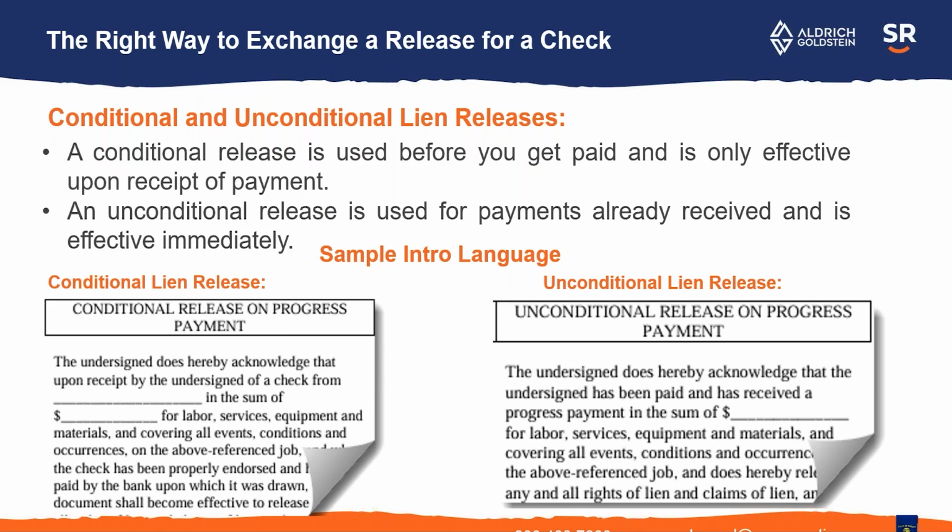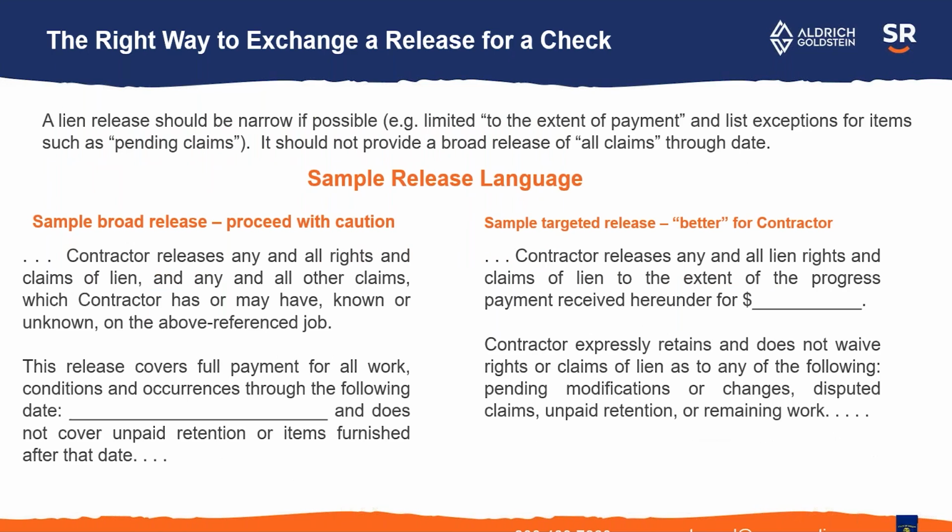On the right-hand side, you'll see it says the undersigned acknowledges they've been paid and has received a progress payment in the sum of X dollars. So unconditional releases usually will have big block letters saying, this is effective even if you haven't been paid. So just be aware of which type of lien release you're signing in order to get your payment.